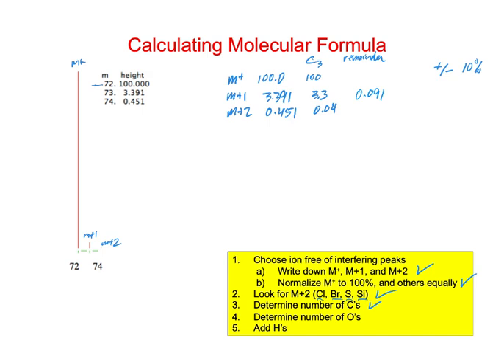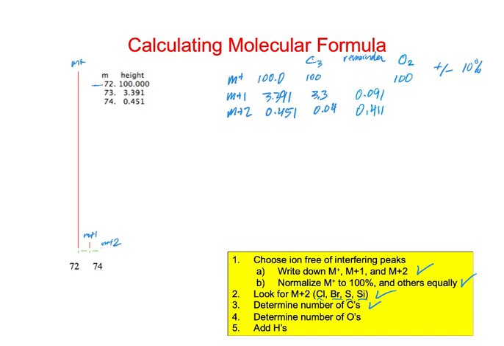0.091 and 0.411. Okay, so then we look at the M plus 2 peak to determine how many oxygens, because oxygen will contribute 0.2 for each oxygen. So how many oxygens? 2, right? So we're going to write 2.